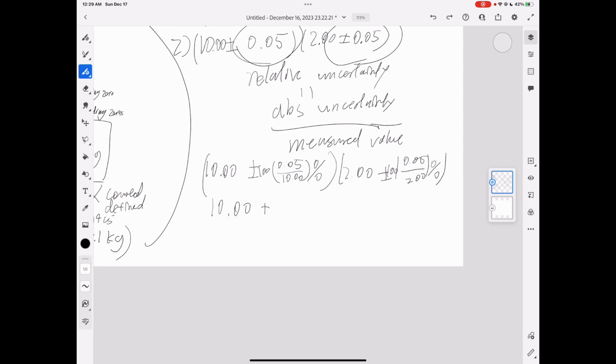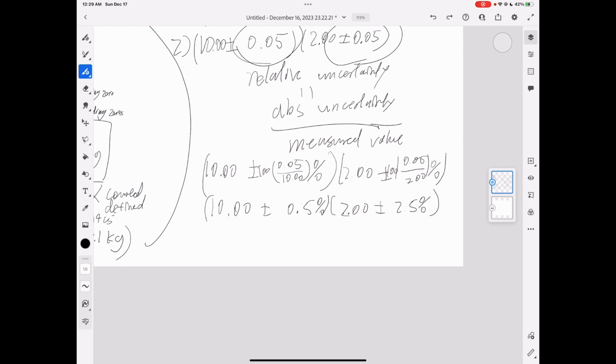For the first one, we get plus or minus 0.5%. For the second one, we get 2.5%.